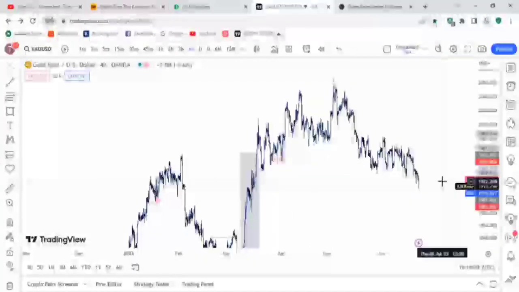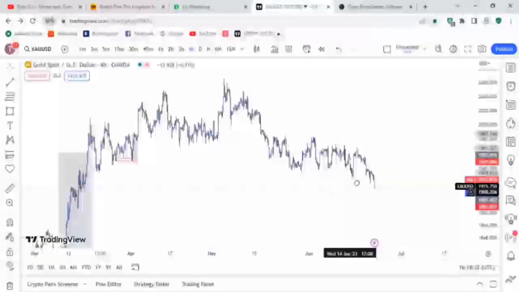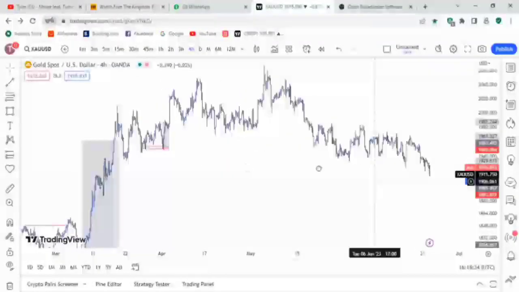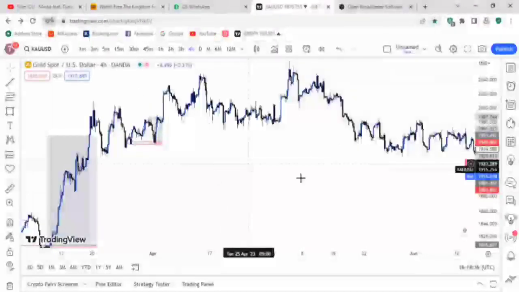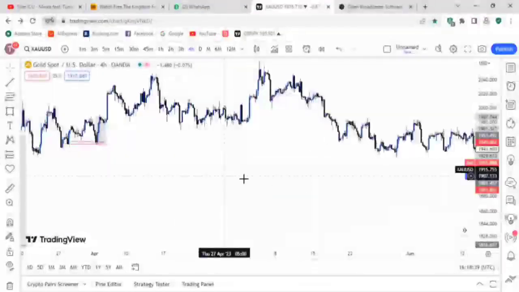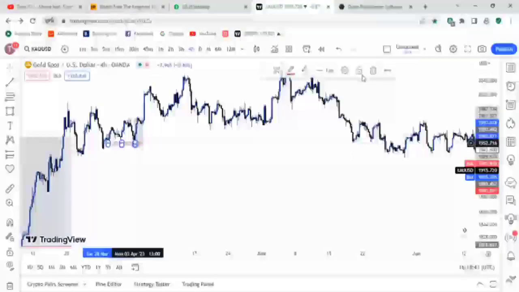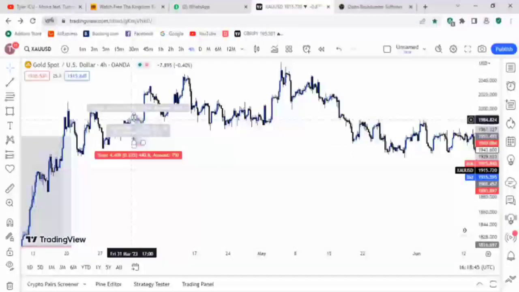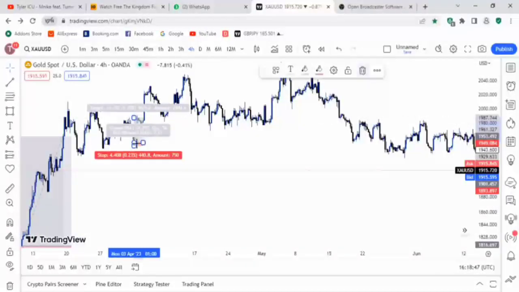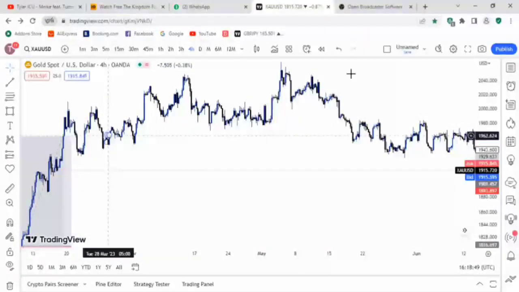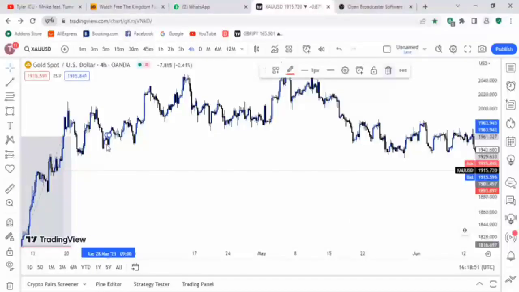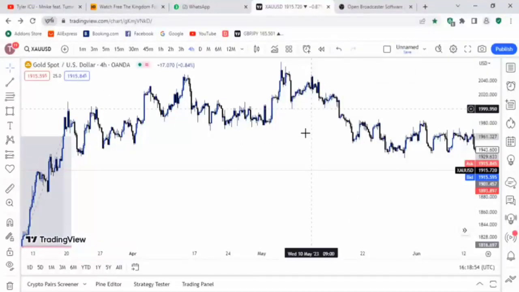From the 4 hour time frame, allow me to remove this setup here.